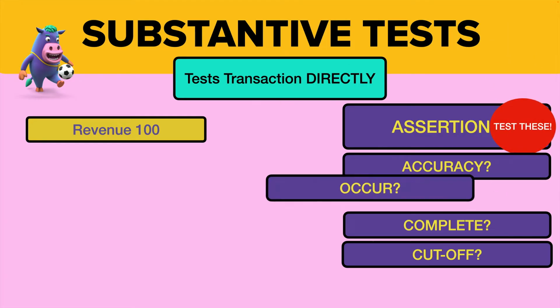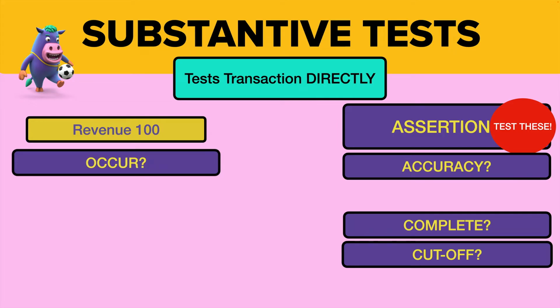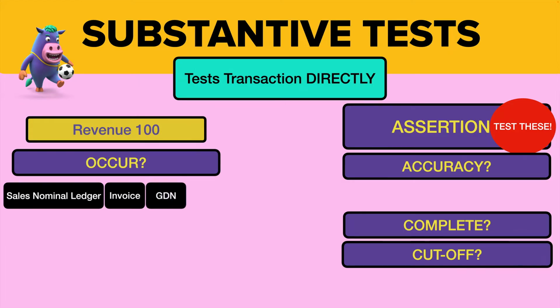So, for example, if we want to test that that revenue did occur, what we've got to do is take a sample from the actual accounts. So something in that 100, take a sample, let's say it's one item. So we go from the sales nominal ledger, which will be 100, we'll take one item in there, and that should have an invoice related to it. So we'll check that invoice. Now, if there's an invoice, there should have been a goods dispatch note which we give to the customer.